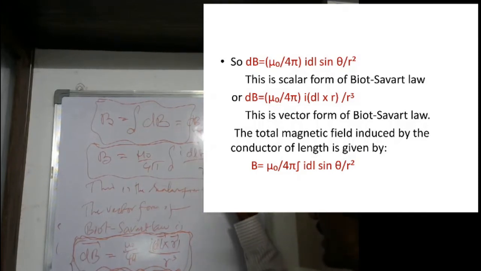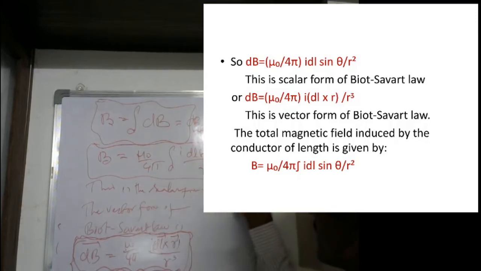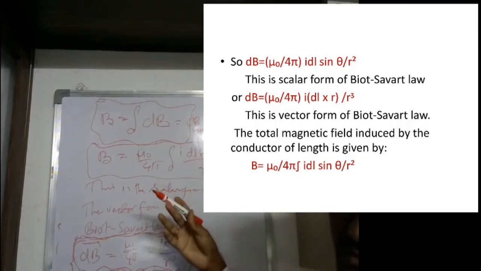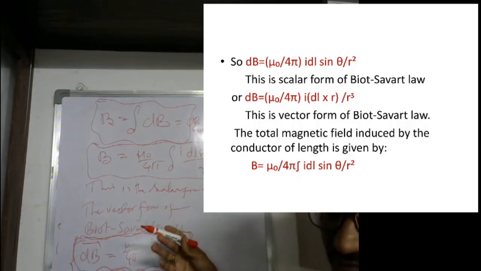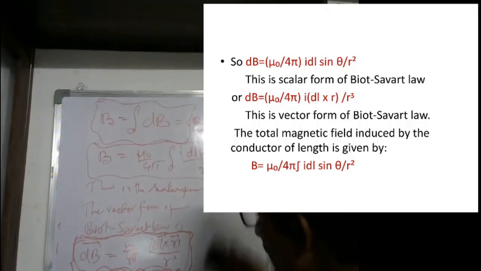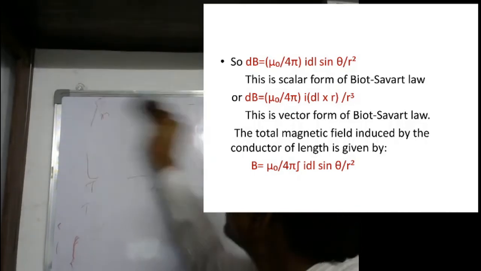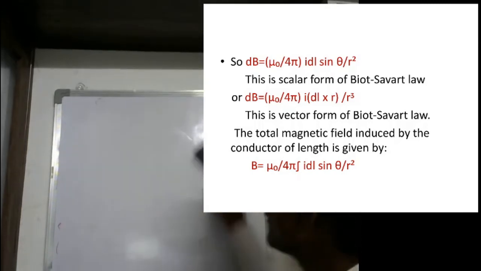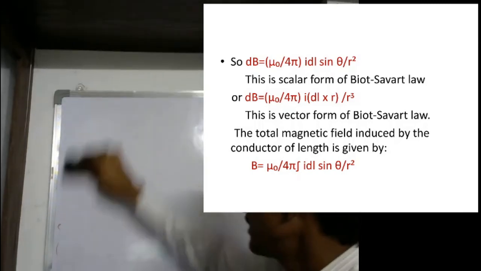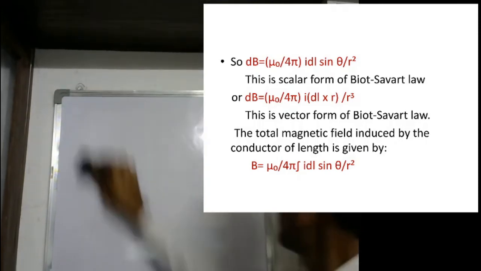Next, if you take the second infinitesimal length, then it is creating dB2. What will be the total magnetic field at the point P? That is given by dB1 plus dB2, according to the superposition principle. Yeah, this is about the Biot-Savart law.